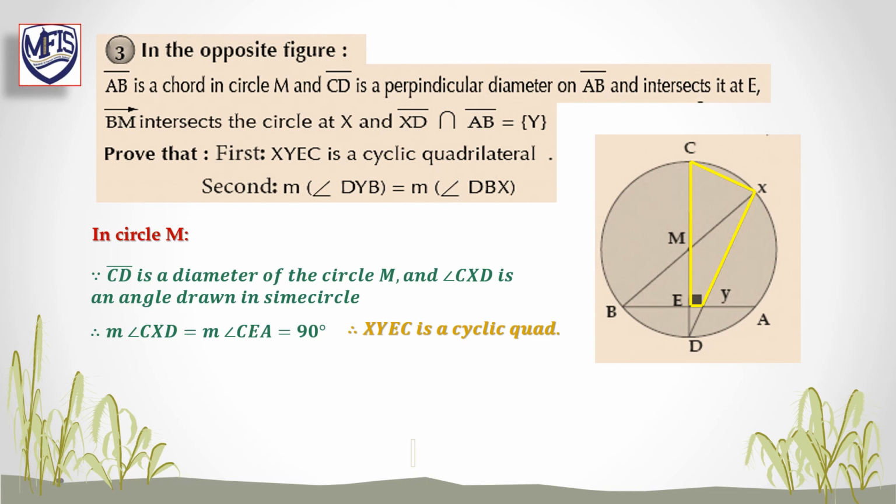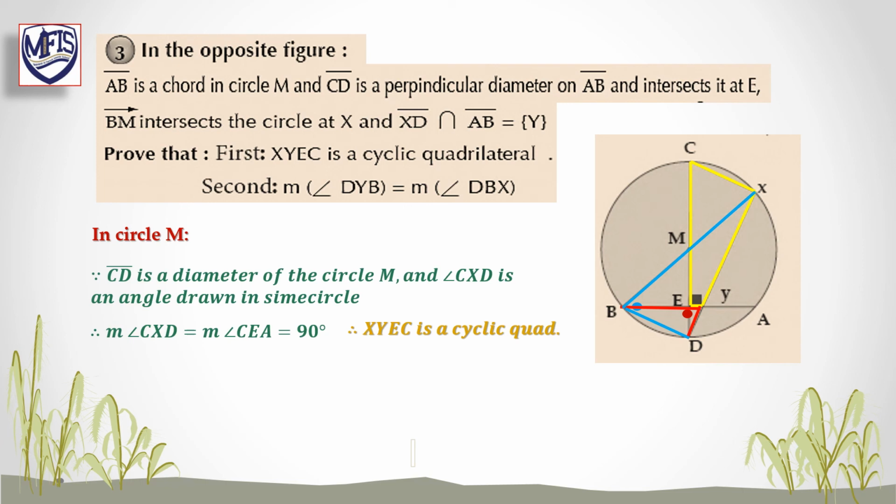The second required here: I want to prove that measure angle DYB equals measure angle DBX. Where are the two angles? Look at the two colors, the red angle and the blue angle. Okay, here the two angles.